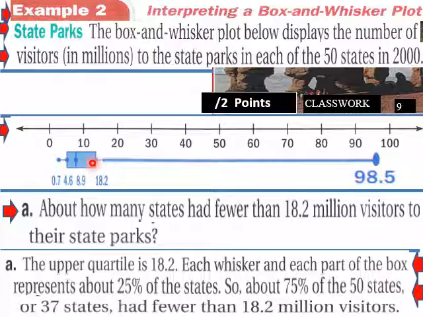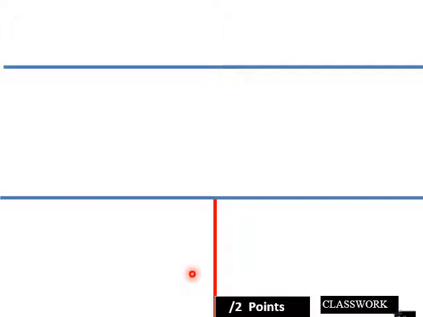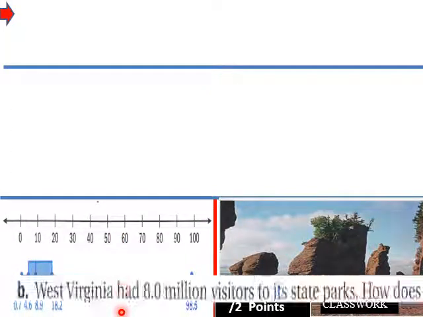Between here and here, 75% of the data. So 75% of 50 is about 37, so 37 states had fewer than 18.2. That's an immediate way that you can look at a box and whisker and determine the percentage of data beneath the 18.2 mark. You can analyze that pretty quickly.